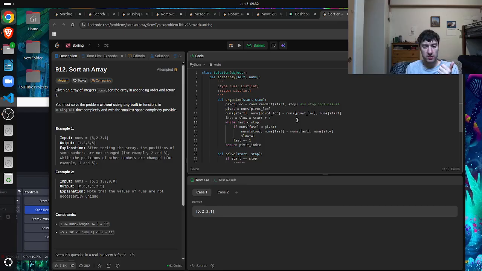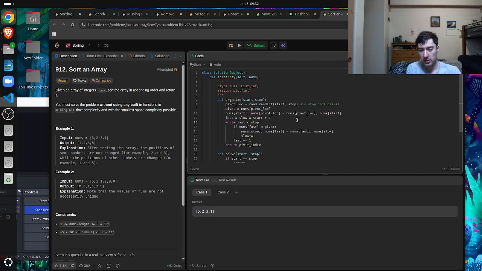And the fast will always move over by 1. The fast is just saying, okay, I either swap you or I don't swap you. If you are smaller, I swap you. And then we can both move forward because we know that that element was sorted.